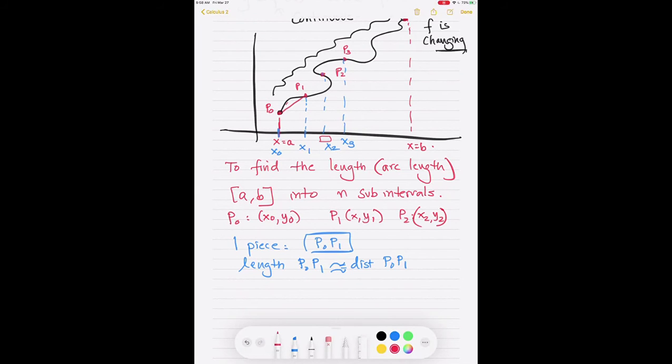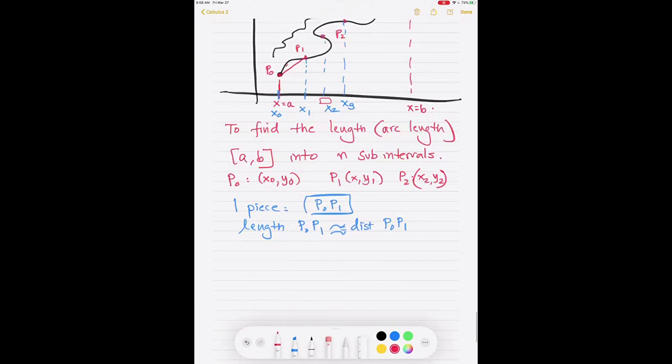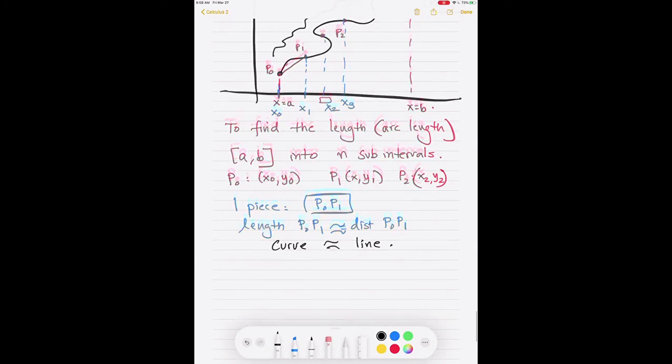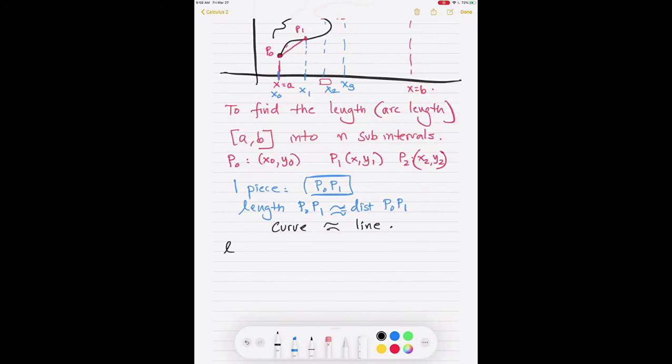So I'm approximating the curve by the line. Why? Because I know the distance formula. So the length of P0P1 is, of course an approximation, the square root of (x1 minus x0) squared plus (y1 minus y0) squared. So far, so good?